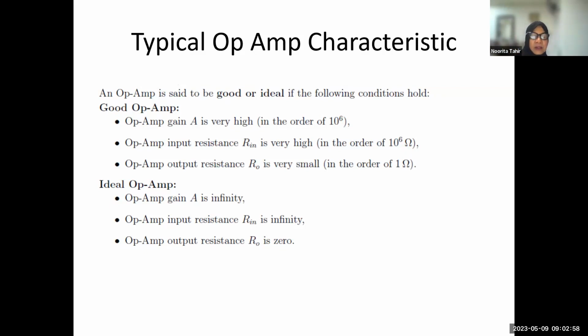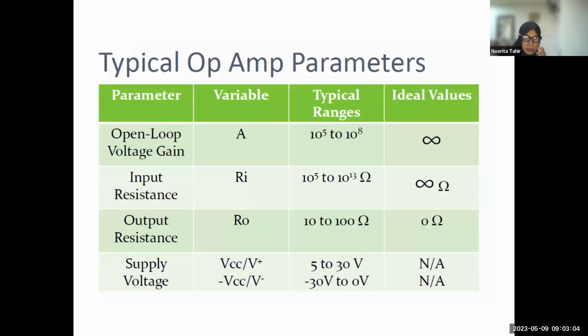And the output resistance, when we say it is low, meaning it is approaching zero. This is just a table that mentions all those three characteristics and also the supply voltage. Of course, you know that an op-amp needs a supply voltage for it to operate, and the typical values and the ideal values are shown here.